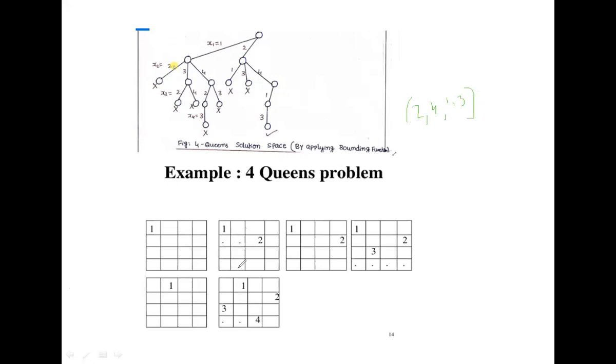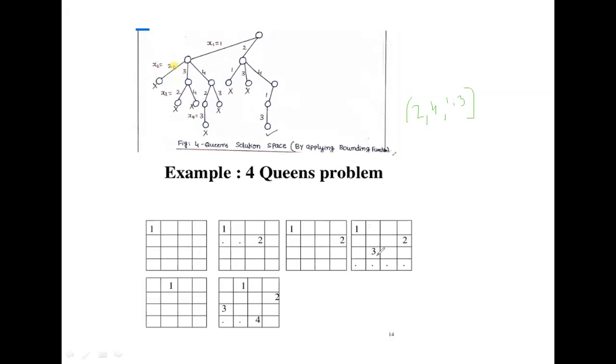You can place Queen 3 here, but where do we place Queen 4? Queen 4 is not possible, so we move to backtracking. Backtracking to Queen 2, I change the Queen 2 position to here, then I place Queen 3 here.